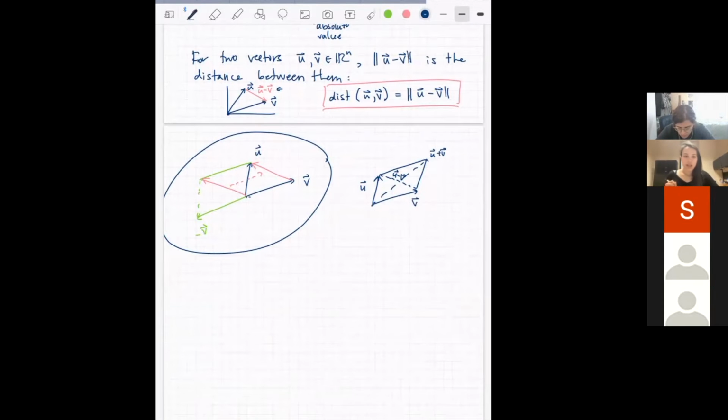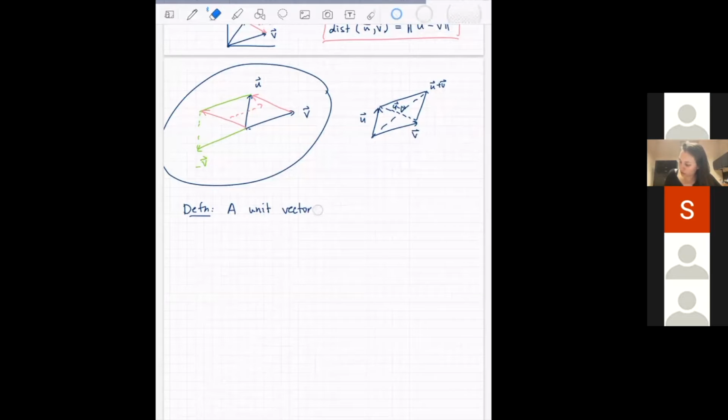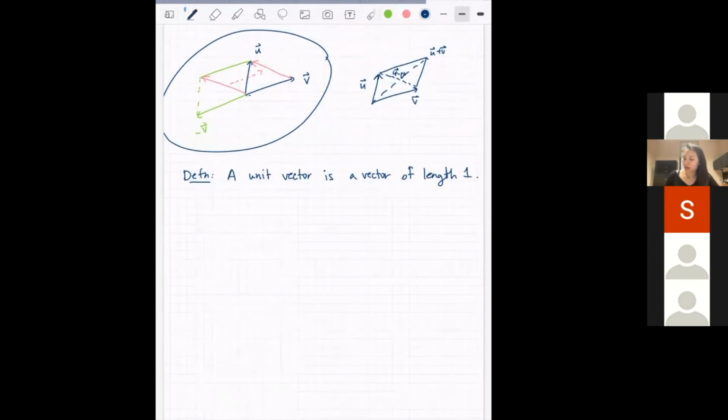Okay, and then since we have this notion of length, we can define a unit vector, which will be a vector of length 1. Great. Okay.